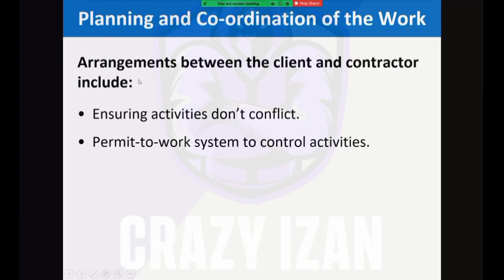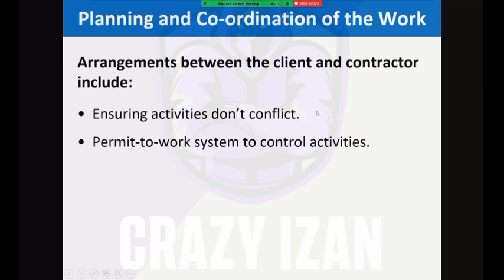Also, you need to make sure you do adequate planning and coordination. So once the work is about to begin, you need to plan and coordinate things properly. So the arrangements between the client and contractor should include ensuring that there are no conflicting activities. So basically, there might be the client's workers who are working, and the contractor might want to work in the same place.